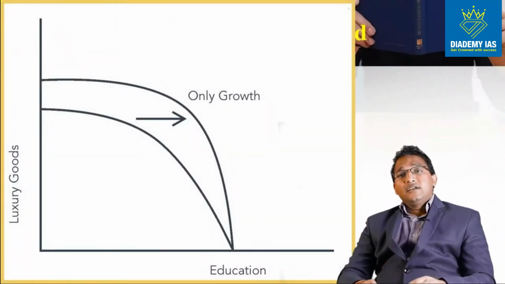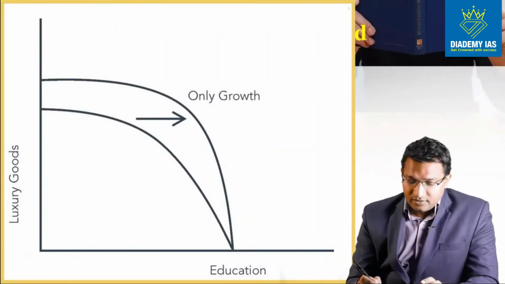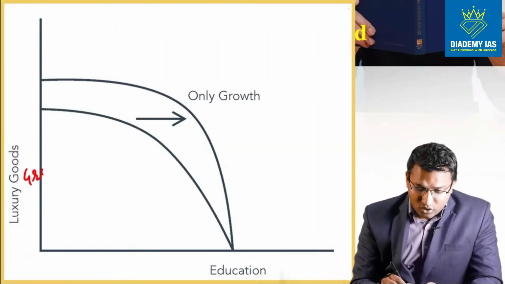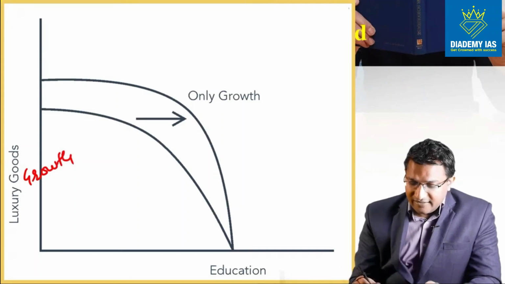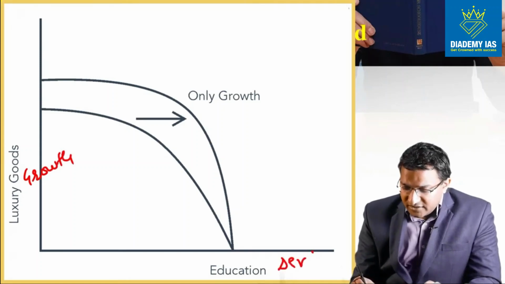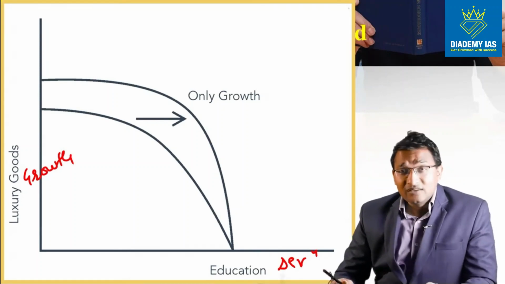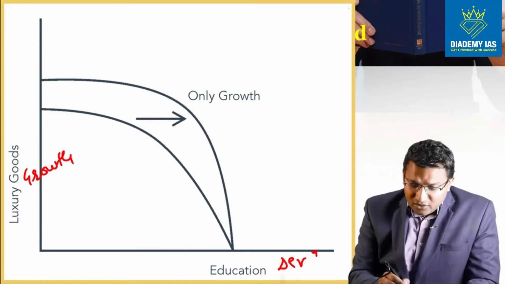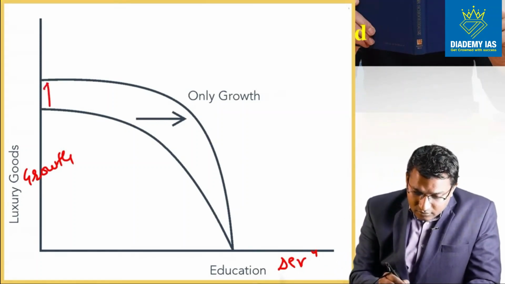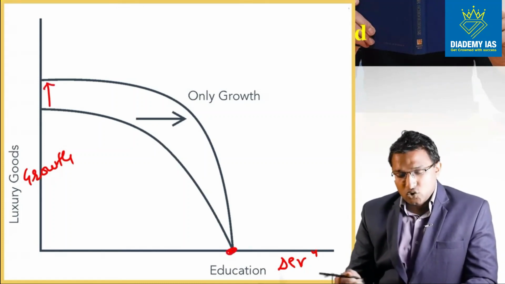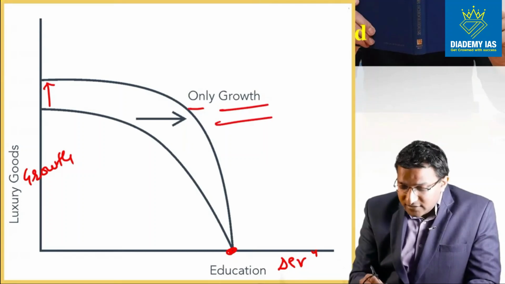Here you can see two parameters: luxury goods, which is more about growth, and education, which is an indicator of development, right? Now in this diagram, luxury goods are increasing, but education does not change. So it means only growth is happening.